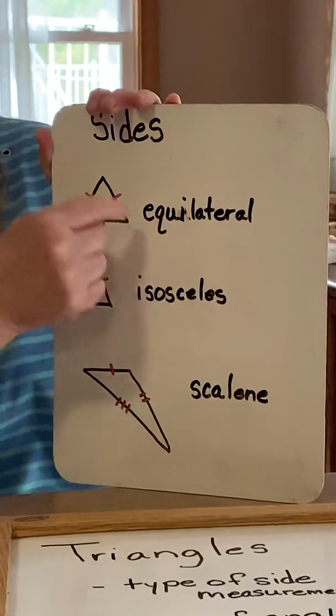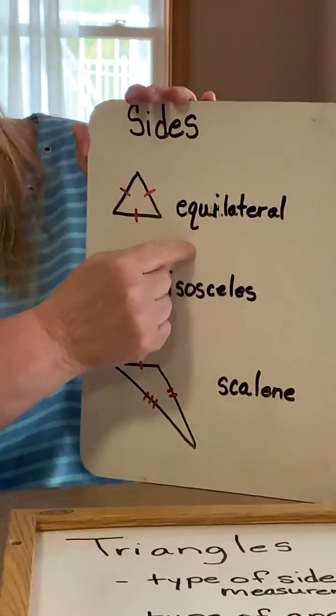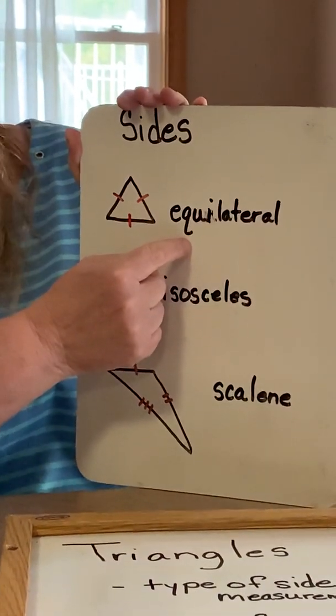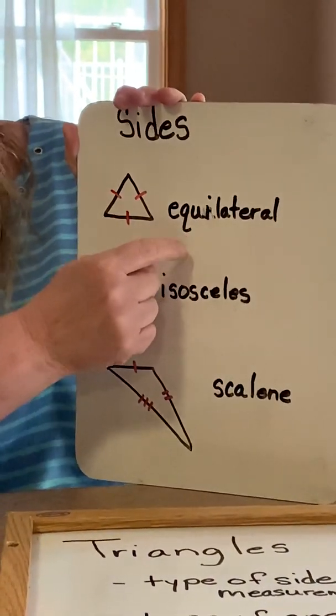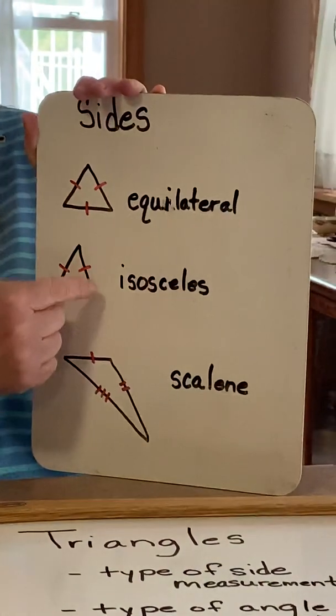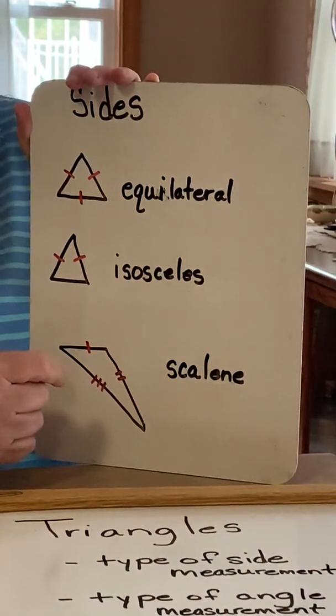When you have a triangle that has the 3 sides equal, it is an equilateral triangle.